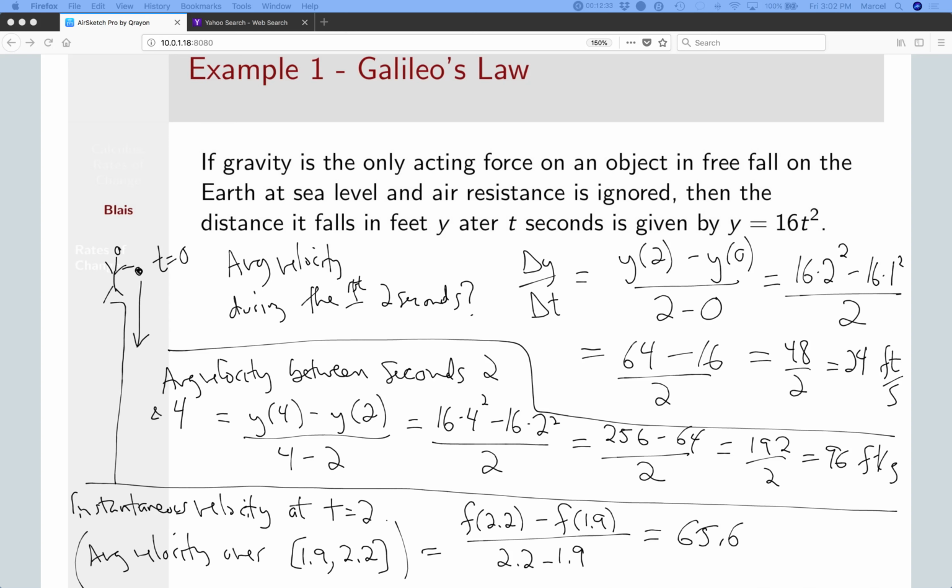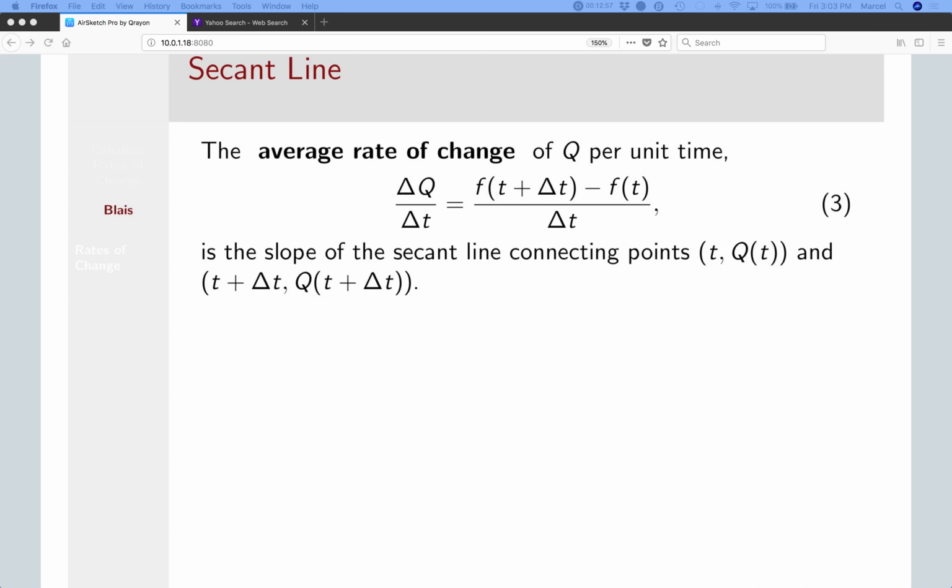We essentially want to take a limit as the width of this interval goes to 0. So this number and this number will be getting arbitrarily close together, and the denominator, these two numbers will be getting arbitrarily closer and closer together. And that moves from this average rate of velocity idea, or average rate of change, I should say, to instantaneous rate of change. That's where we're going with this.